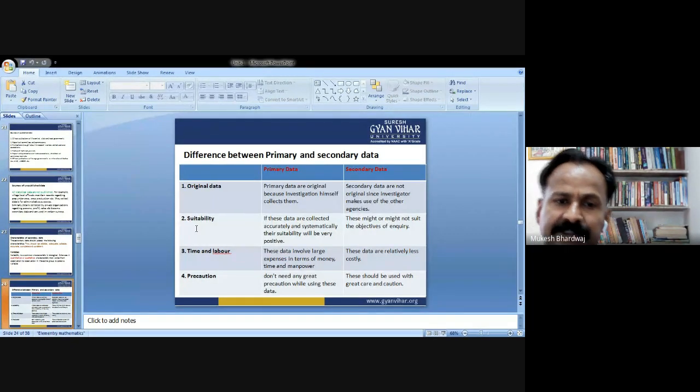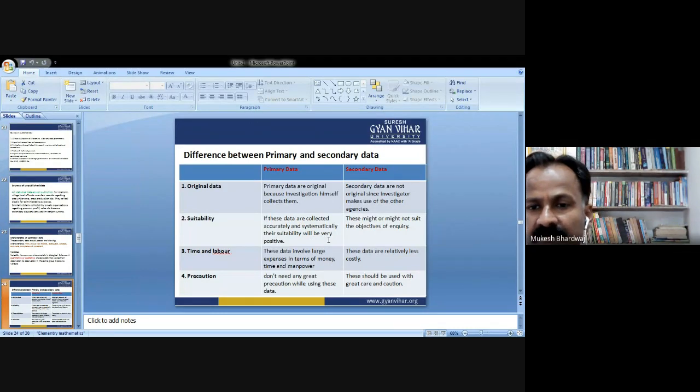Second criterion is suitability. If these data are collected accurately and systematically, their suitability will be very positive. Whereas in secondary data, these might or might not suit the objects of inquiry. Third, on the basis of time and labor, primary data involve large expenses in terms of money, time and manpower.